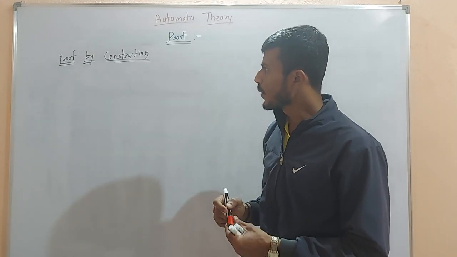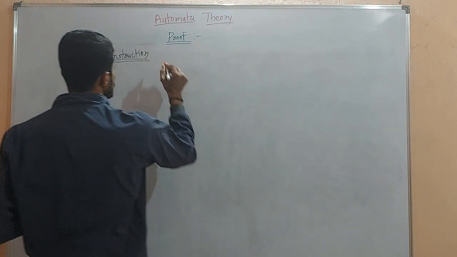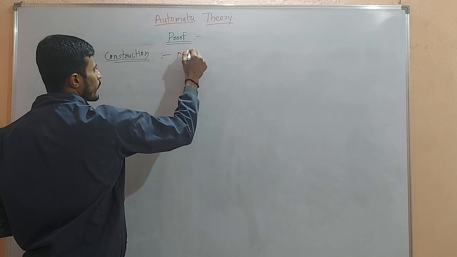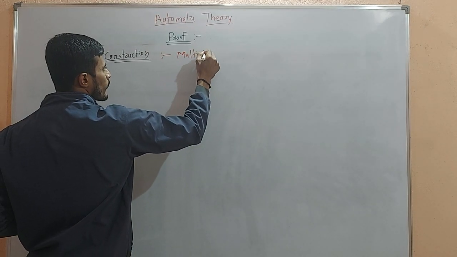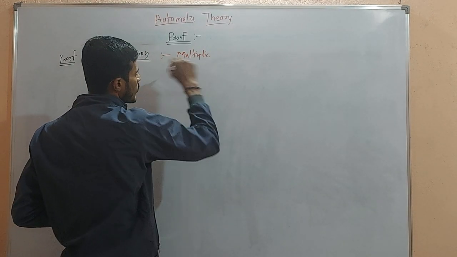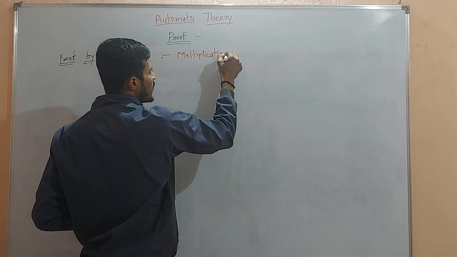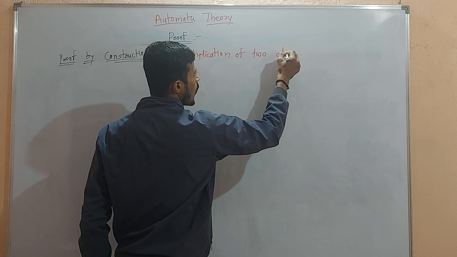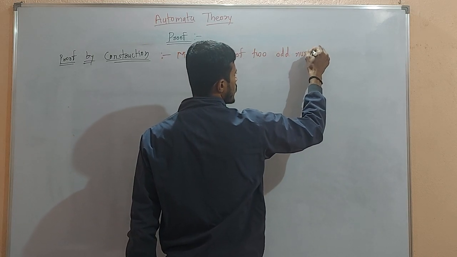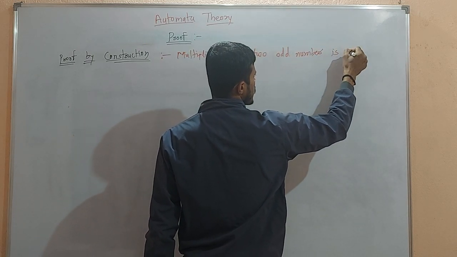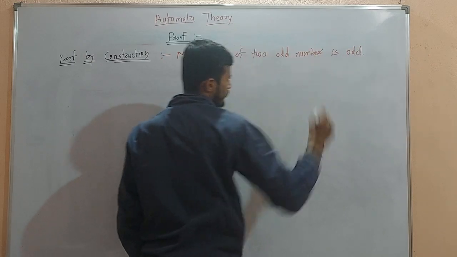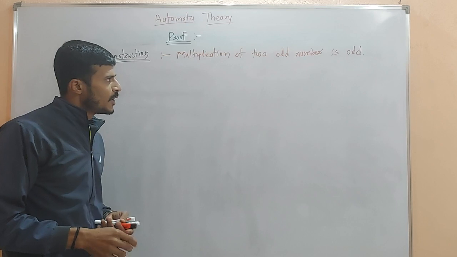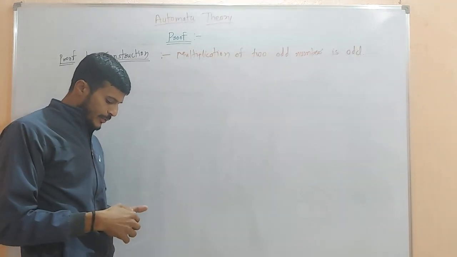So let us take one example: multiplication of two odd numbers is odd. So what we have to do is prove that the multiplication of two odd numbers is odd.